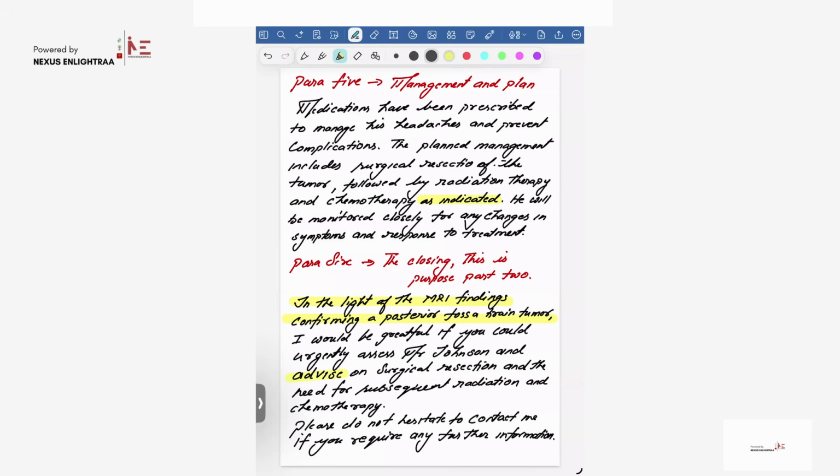This is personalized to the patient's situation. You can learn the format, but personalization you have to do according to the patient. This is not a generic closing. The last phrase in here, please do not hesitate to contact me if you require any further information, is confirmed by the OET guidelines itself as an appropriate closing expression.